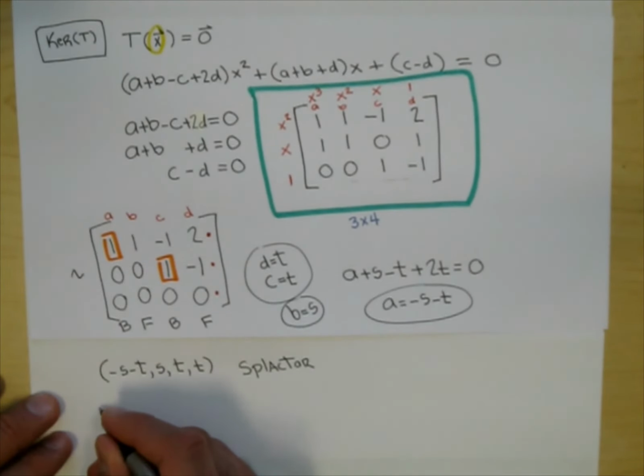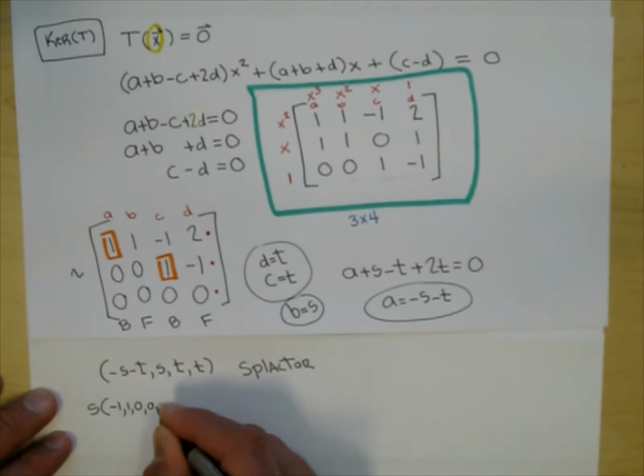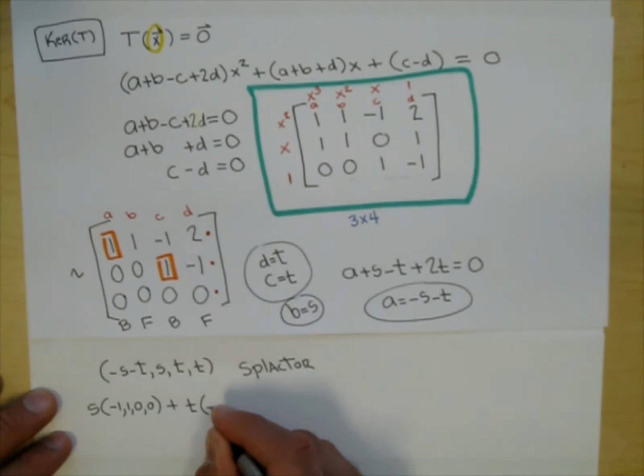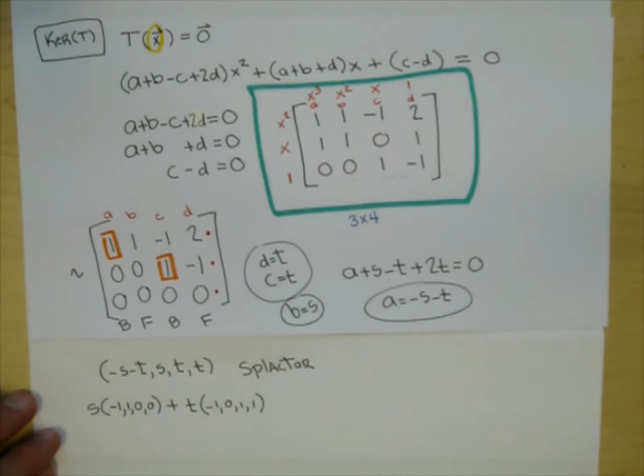And when I do that, I have S times negative 1, 1, 0, 0, plus T times negative 1, 0, 1, 1.